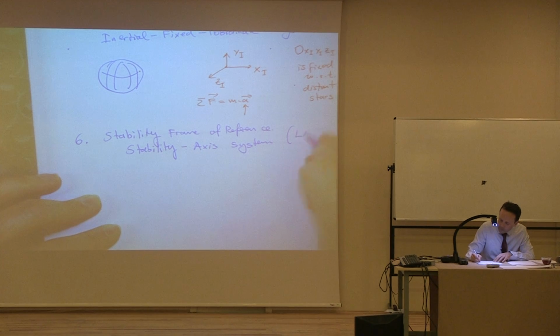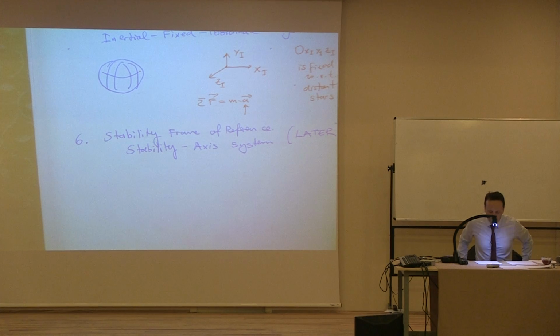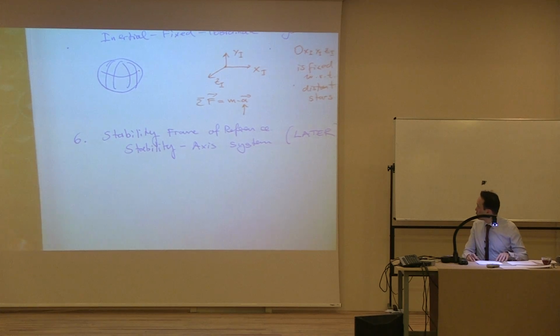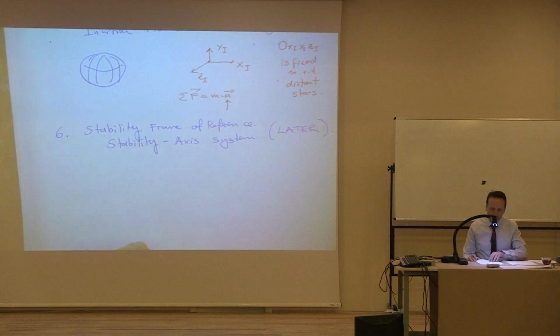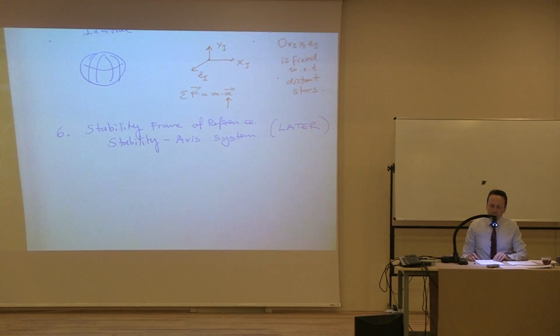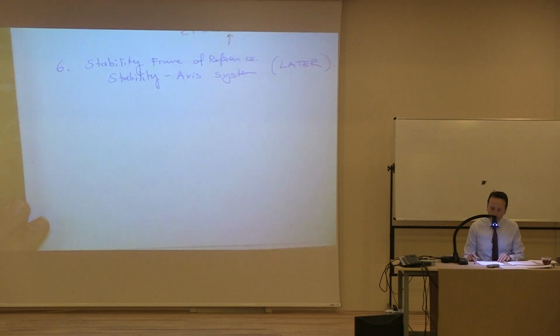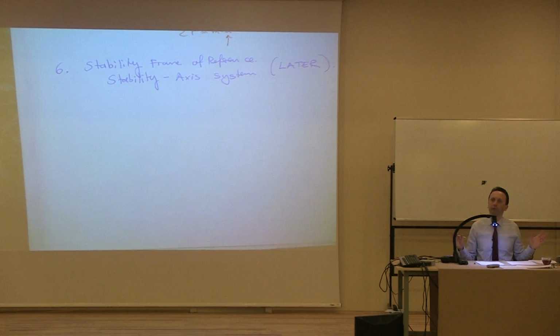We'll talk about this later, because I need to make a few definitions before I explain this one, but just have it here. So this is the end of the definitions of reference frames and stability coordinate systems. Any questions of any of these?